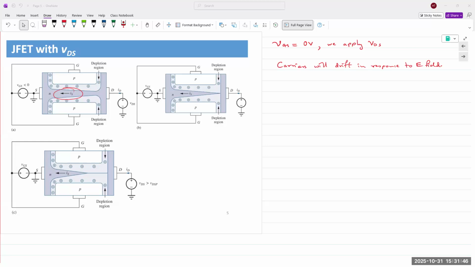So we're applying an electric field across the channel to attract the charge carriers. The charge carriers, which in this case are electrons, are attracted by the positive end. And so current starts flowing, right? Electrons are moving in this direction, so the current IS or ID is flowing in the opposite direction. But what does it do to the depletion region? And how and why does it happen?